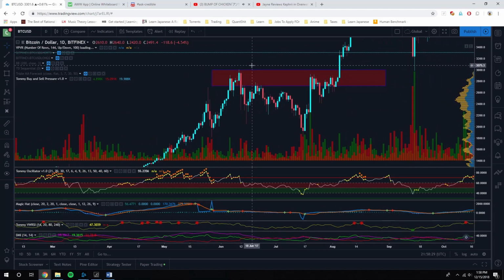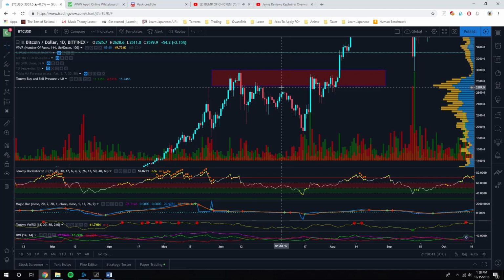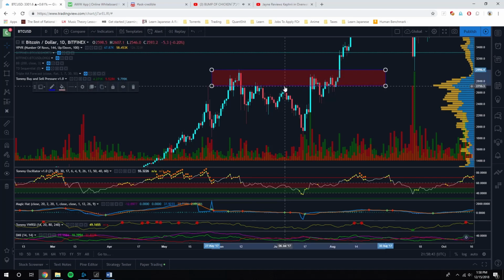And then now I have to find how to trade this order block. A lot of traders make this mistake of trading order blocks by waiting till it breaks, by waiting till it hits this level again.